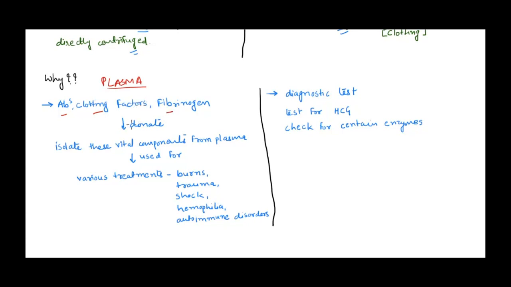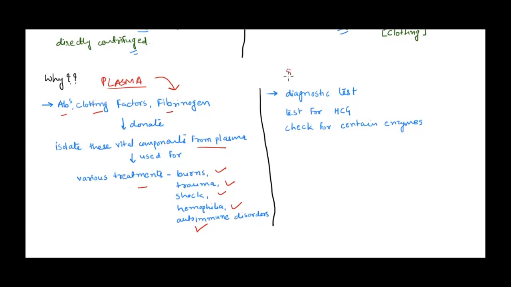So when we donate blood, health professionals would separate or isolate all these vital components from plasma, and it will be used in different treatments like burns, trauma, shock, in treatment of hemophilia, in certain autoimmune disorders. So plasma is very, very important for treatments of various conditions.